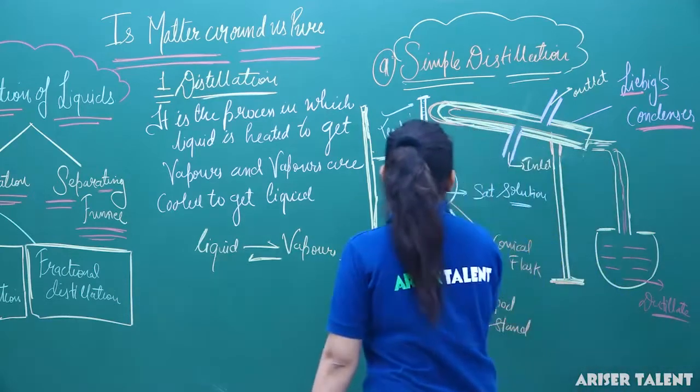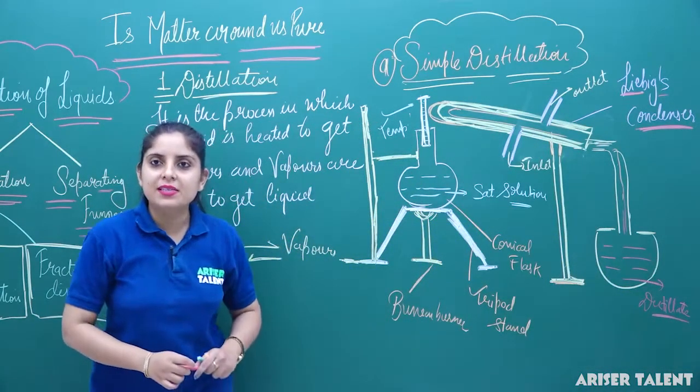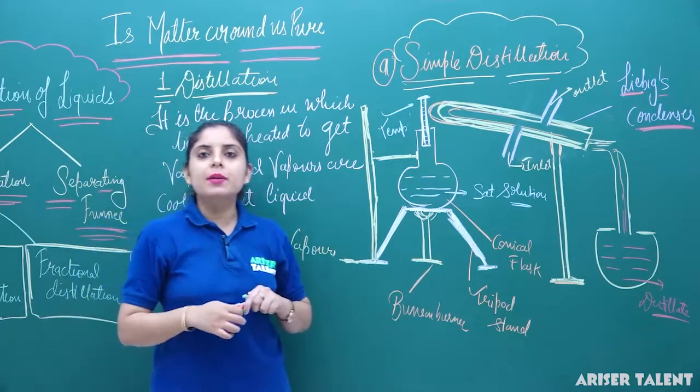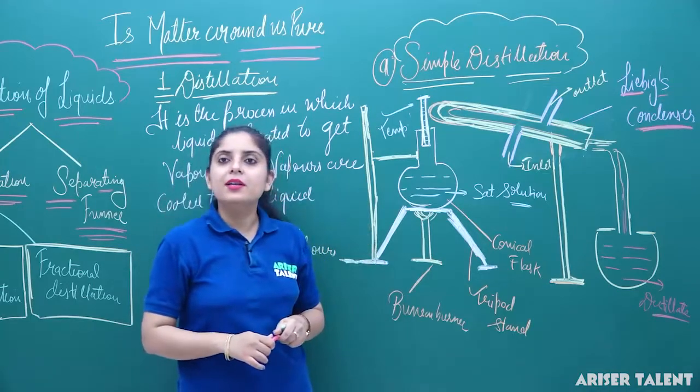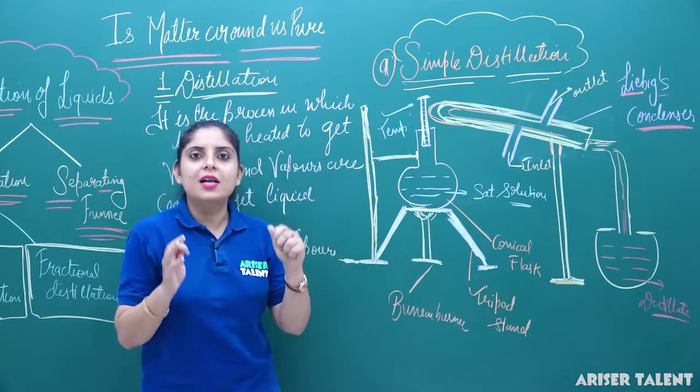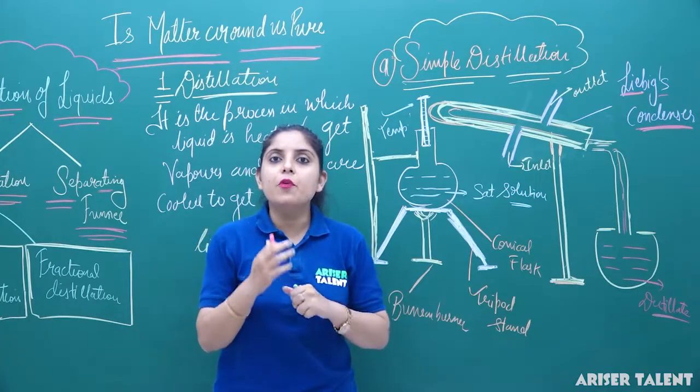So this is an activity which is showing how you would perform the process of simple distillation. So for this you will take the Liebig's condenser. Liebig's condenser is actually a water condenser in which a glass tube is surrounded by a wide glass tube, and there is a system for inlet and outlet.